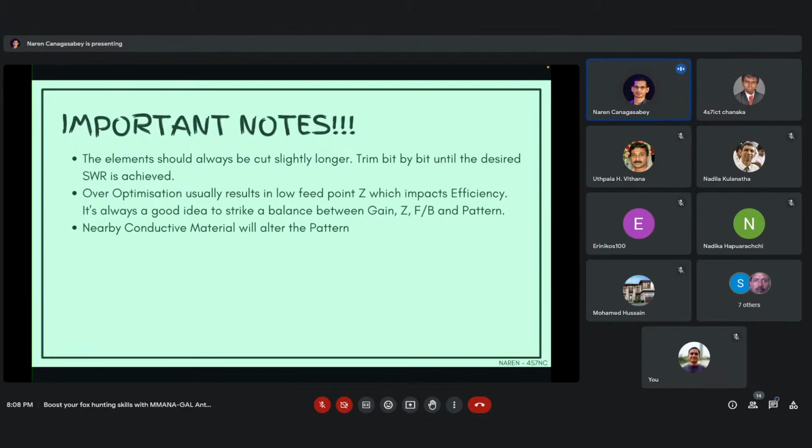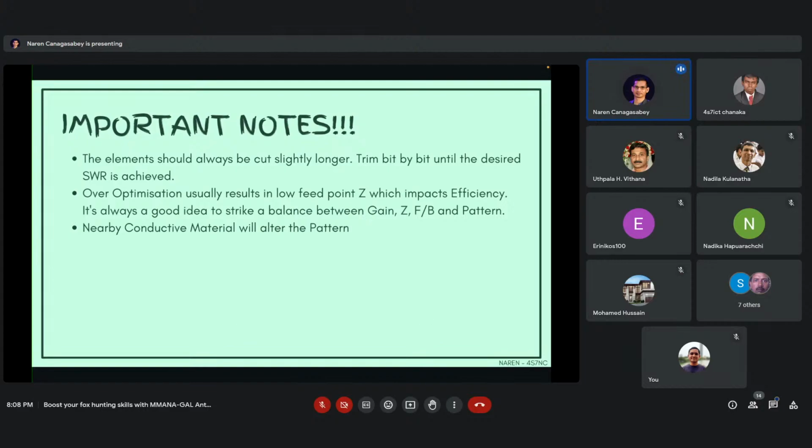And like I also mentioned during the modeling sessions, nearby conductive elements will definitely alter the pattern. So if you're mounting a Yagi antenna vertically, a metal mast will definitely affect the radiation pattern of the antenna.